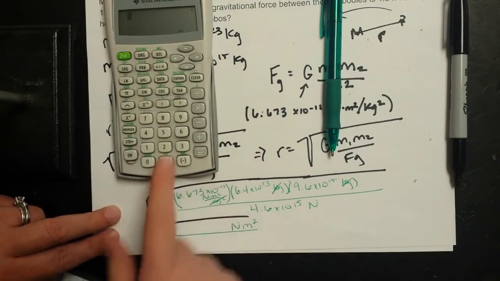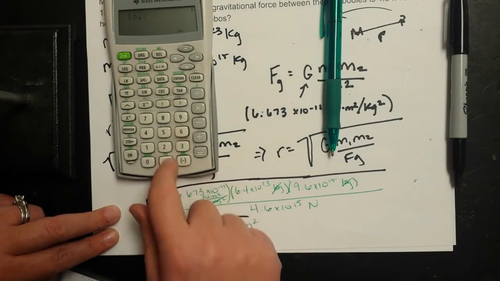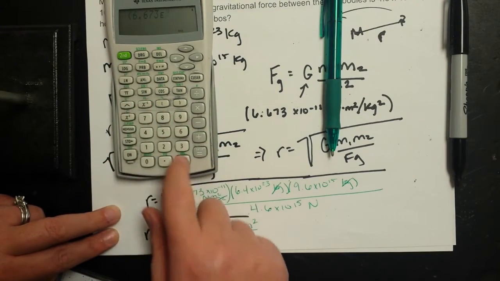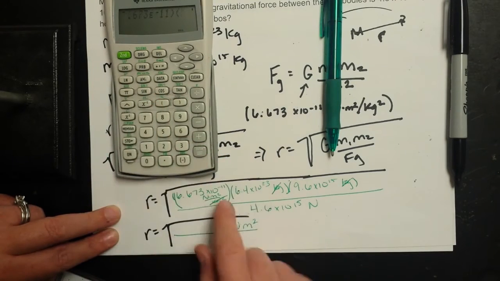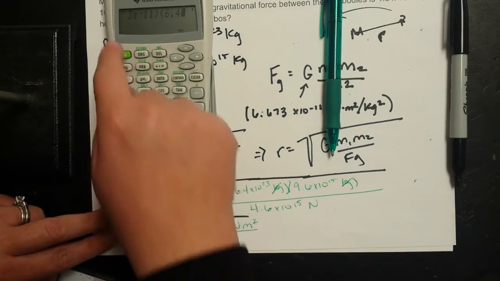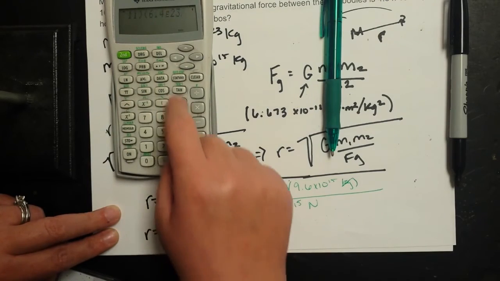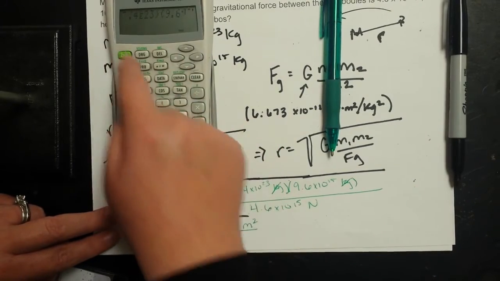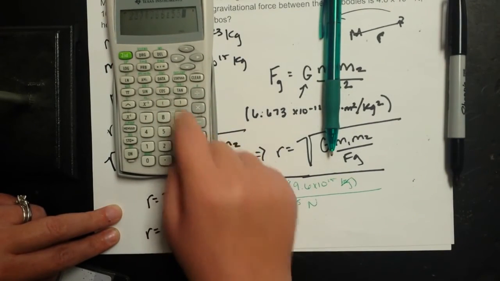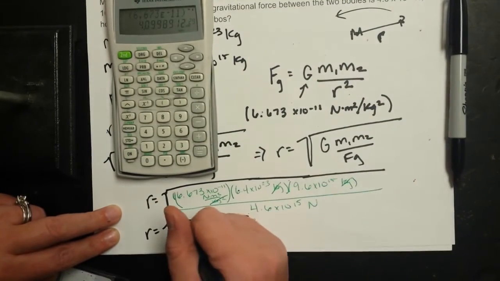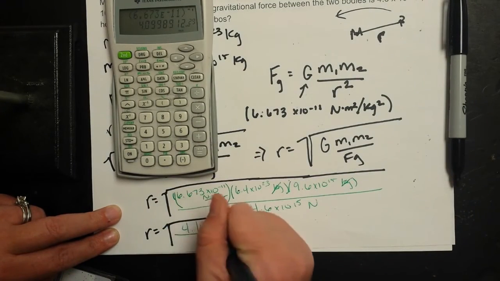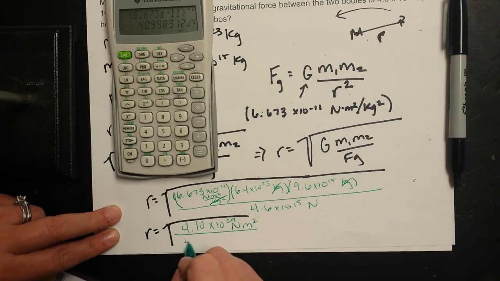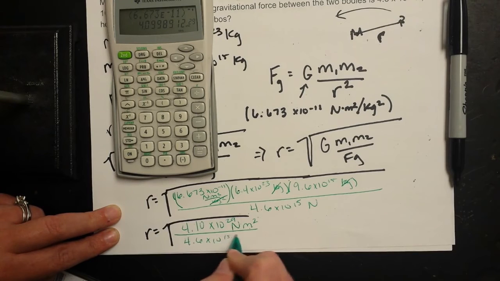So I'm going to do 6.673 times 10 to the negative 11, using the EE button, close parentheses, new set, 6.4 times 10 to the 23rd times 9.6 times 10 to the 15th. So my numerator is going to be 4.10 times 10 to the 29th Newton meter squared, divided by 4.6 times 10 to the 15th newtons.